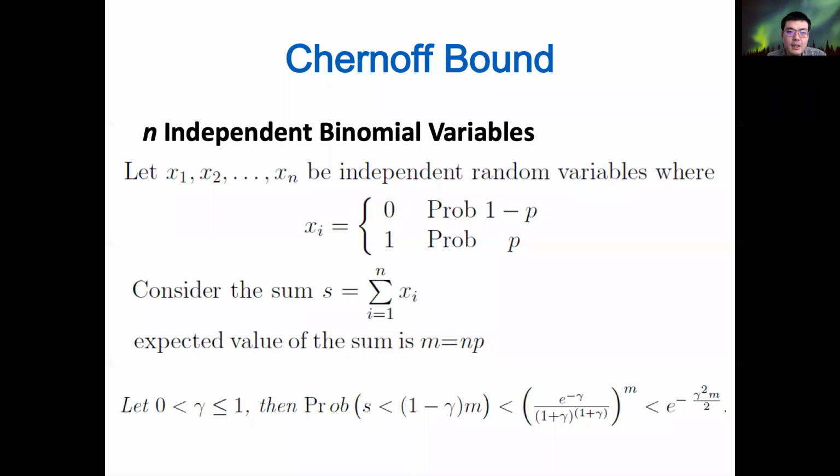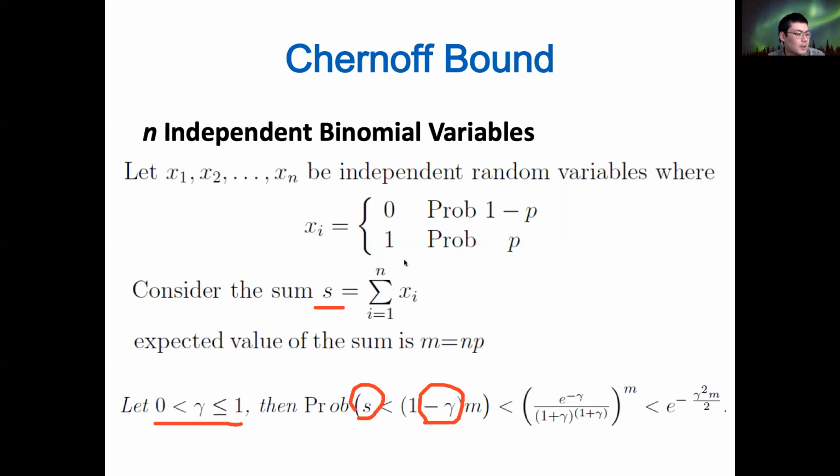So far what we see is only on the right-hand side. What if you are less than the mean, but not too much less? Here we have a bound, so we cannot go beyond it. Gamma cannot go beyond 1. If gamma goes beyond 1, then you are going to the negative side. We still want this to be positive, because S is a count.